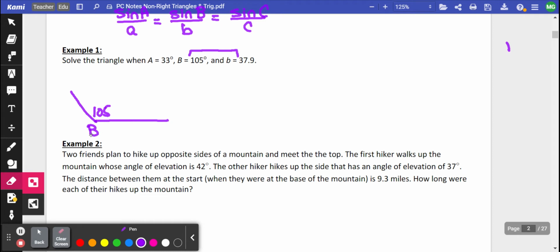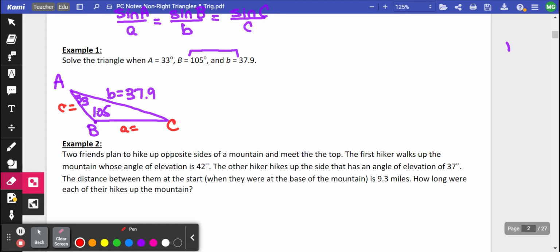I always go for my obtuse angle first. We know that angle A is 33 degrees. And if this is angle B, this would be side B opposite angle B, which is 37.9. And let's just label up the other sides. We'll call this C, which means the side opposite that is side C. And then here's A, so here's side A.